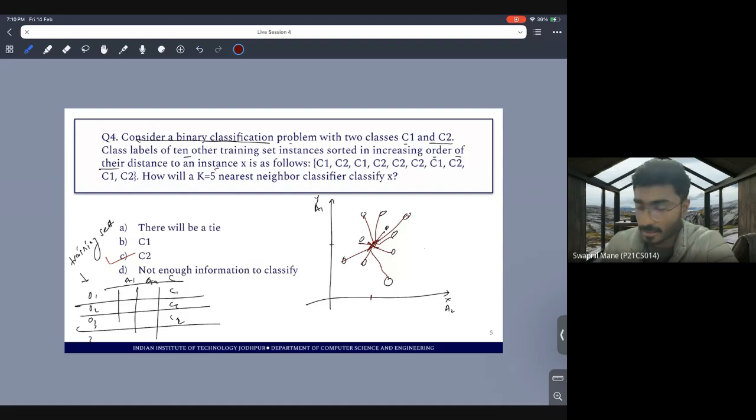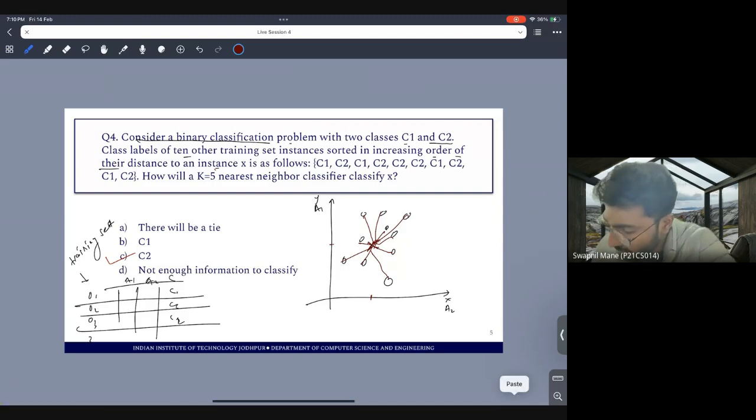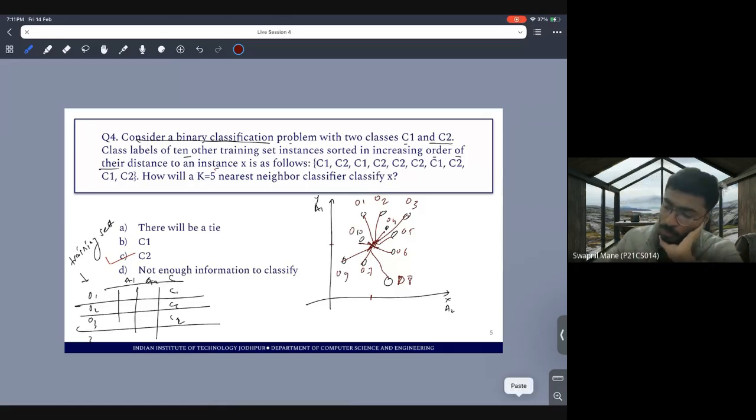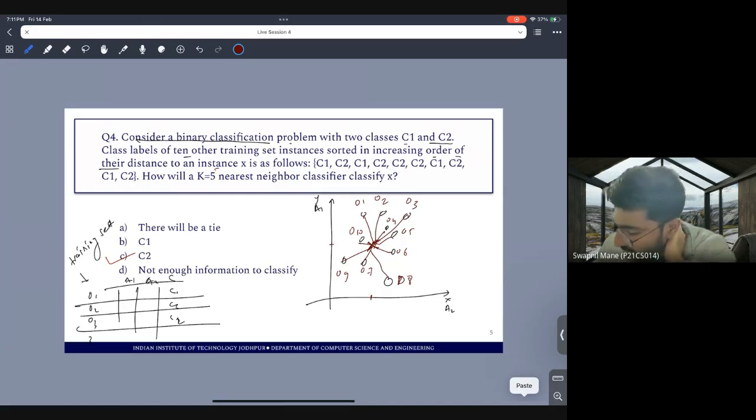After calculating the distance, we have to sort all the points based on the distances. Let's assume these are object 1, object 2, object 3, up to object 10. So how can we sort these values? Object 4 has the shortest distance from the x point, then object 10, then object 7, object 5, object 6, then object 1, likewise.